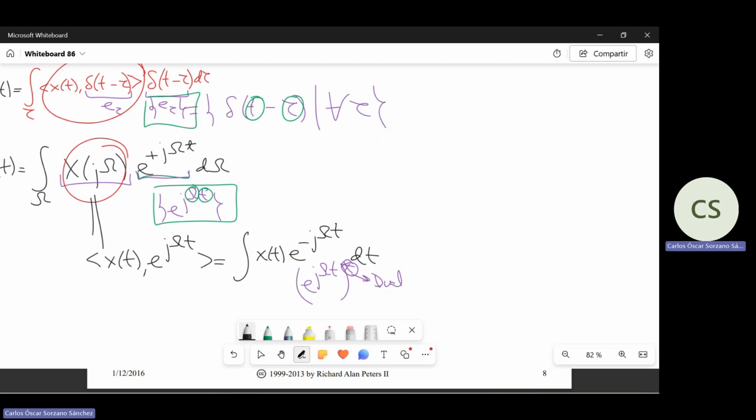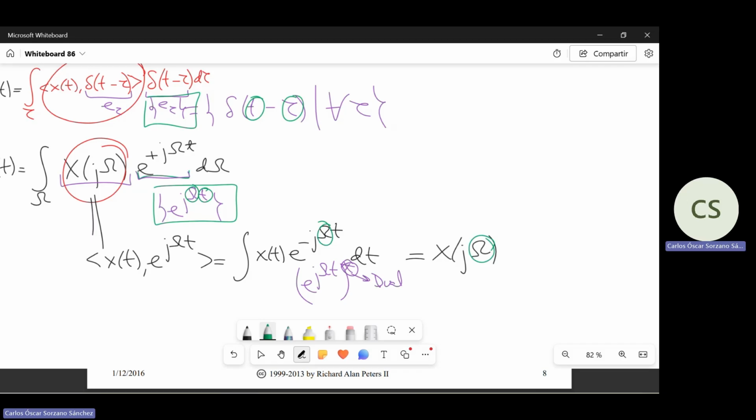Let's call it X(j omega). The notation shows that this depends on omega. That is the argument. It plays the same role as tau here.